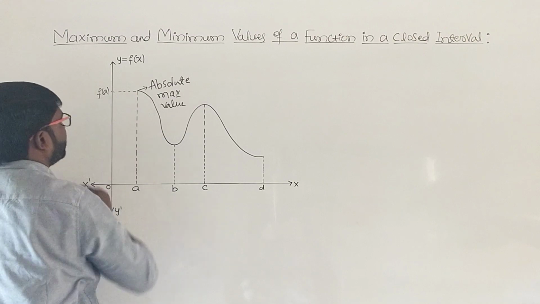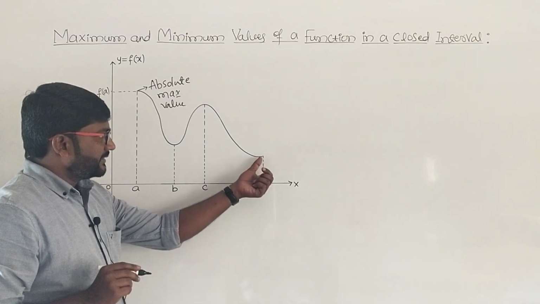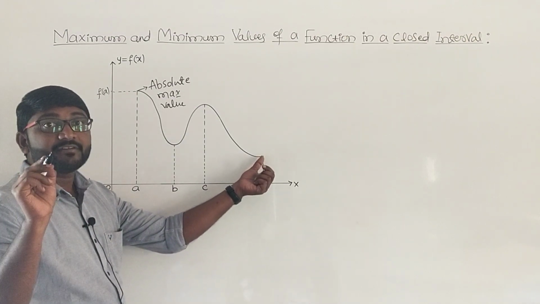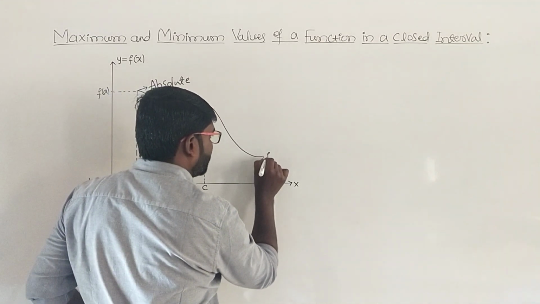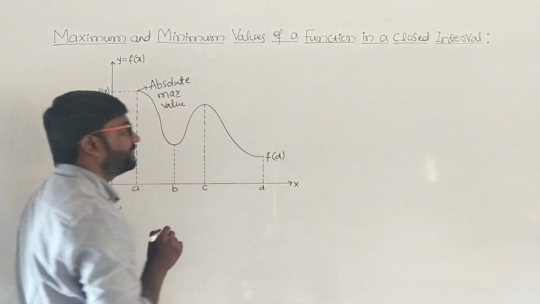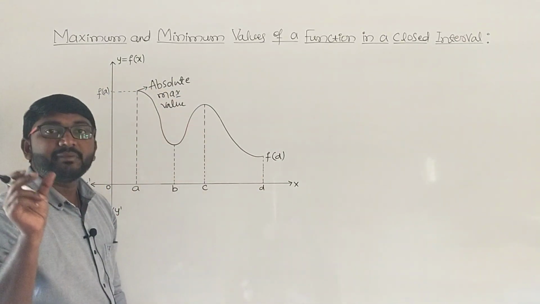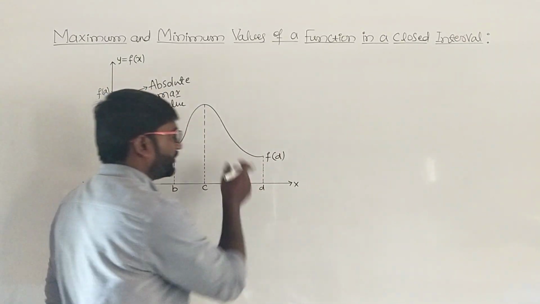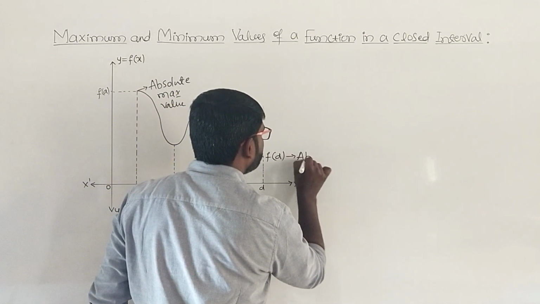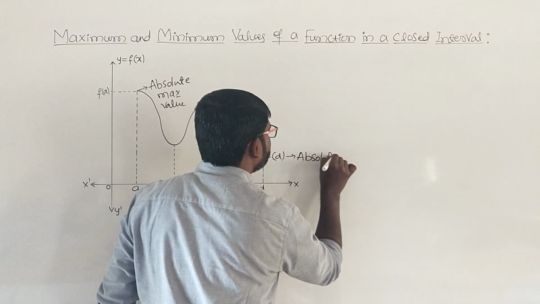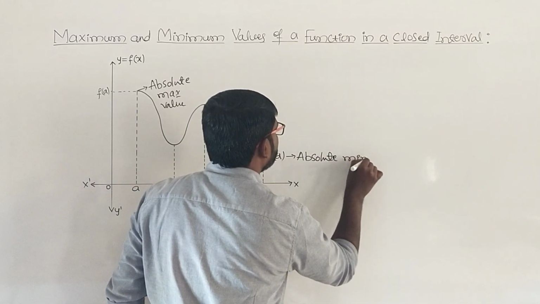And at this point, if you draw a line, you will have f of d. f of d is the absolute minimum value, the least value out of all these.